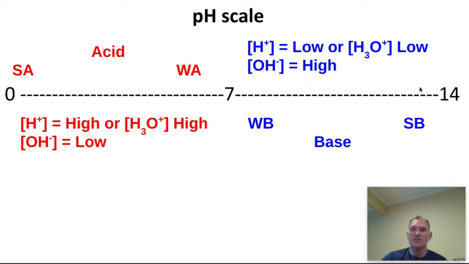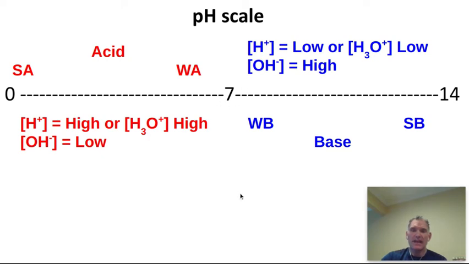Notice though, I still have the H plus ion there. Remember, if you're a base, H plus is low, OH is high. If I'm an acid, H plus is going to be higher, OH will be lower. Now, if you see the connection, we see H and OH together. Well, take a look here. At a pH of 7, we know 7 is neutral.